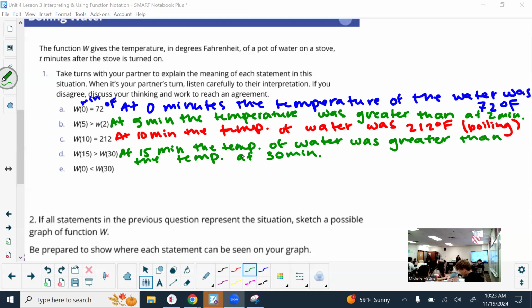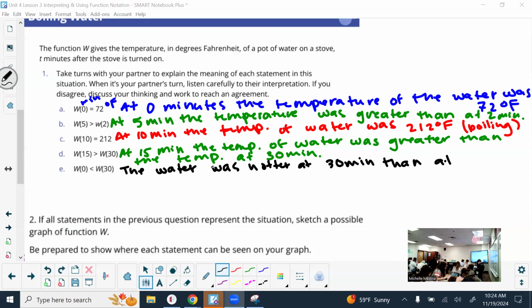Table 1, what about when we say W of 0 is less than W of 30? What does that mean? Good. And how she said it is great. You could follow the same format as we did earlier. But yes, the water was hotter at 30 minutes than at 0 minutes.